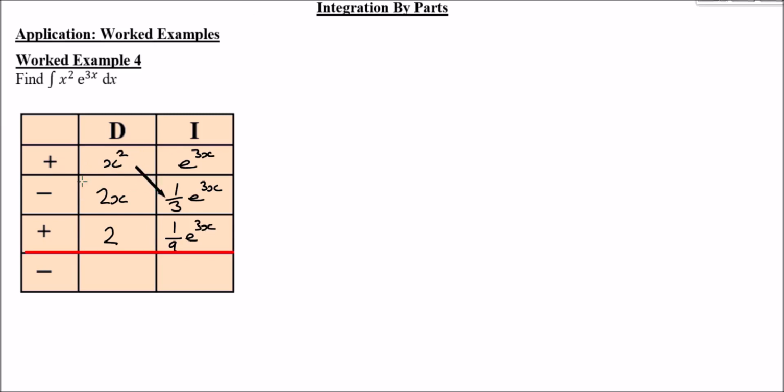Then we're going to have minus 2x multiplied by 1/9 e to the 3x. And then we integrate this final row because we can integrate this without much trouble. So the product of the first diagonal, that's going to give us 1/3 x squared e to the 3x.